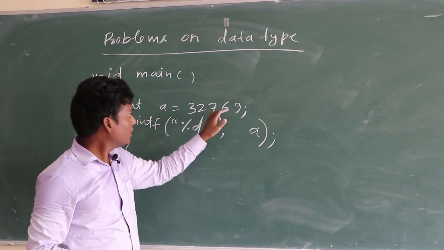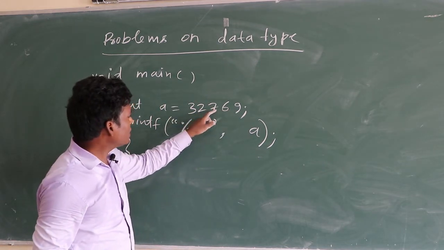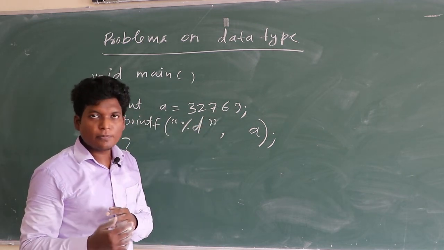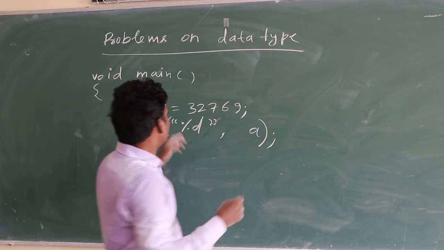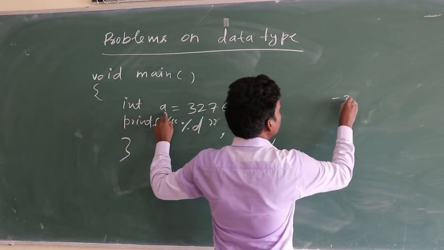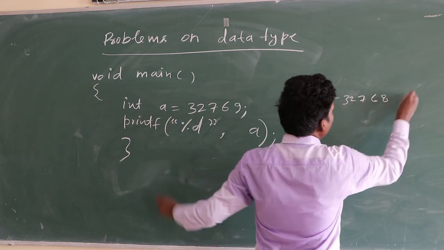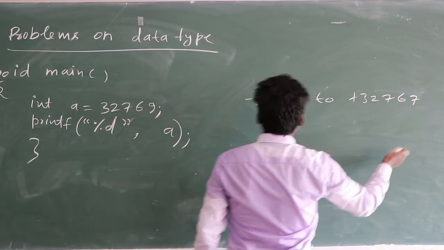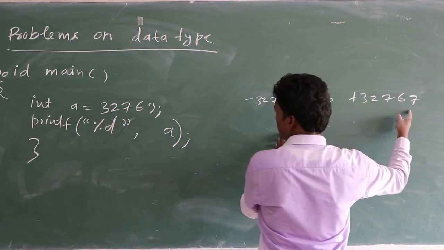The output will not be that, because 32769 is out of the range of a signed integer. A is a signed integer, so its range will be minus 32768 to plus 32767. This value is beyond this range.